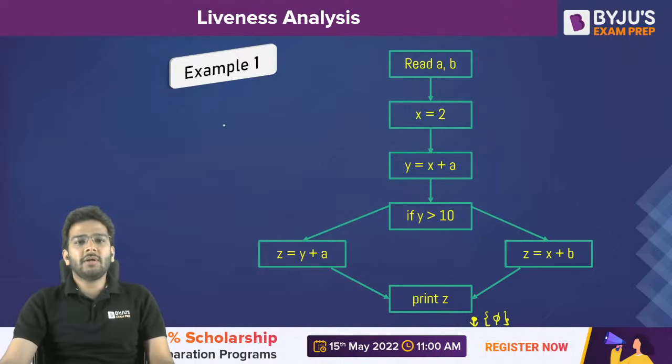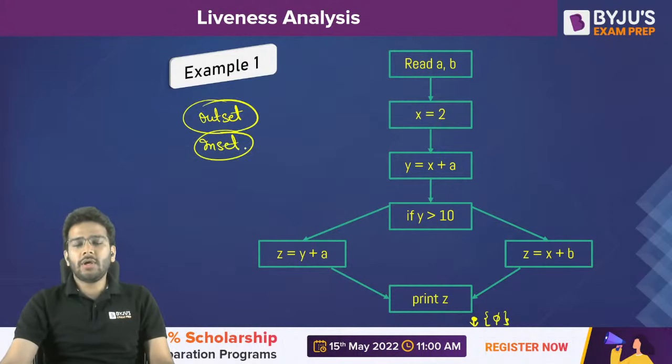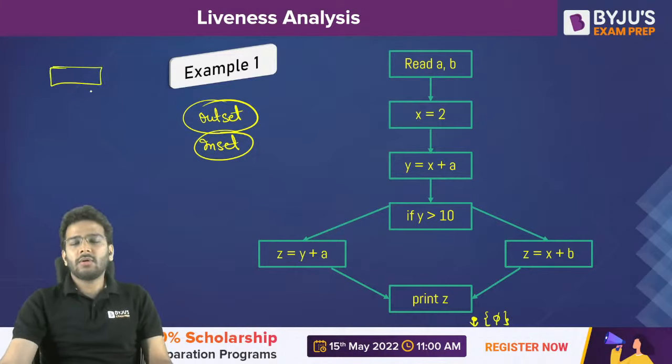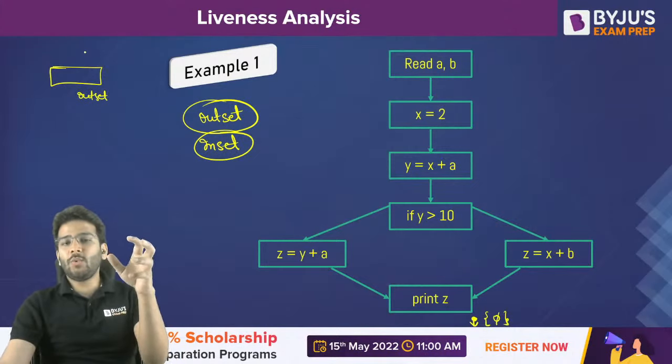Now, before proceeding, you need to understand two more things. One is your outset, the other is your inset. Whenever we have any block, we are going to have some outset, that means the set which contains the live variables just after the block.